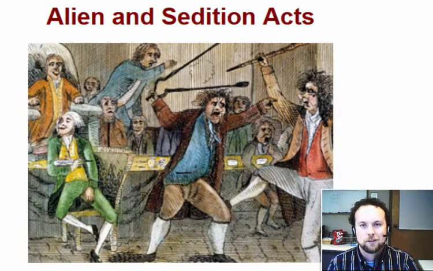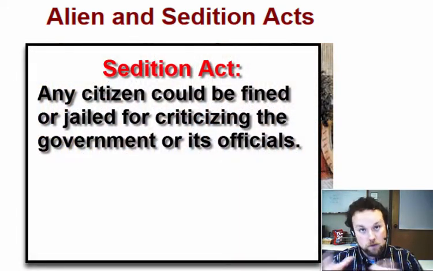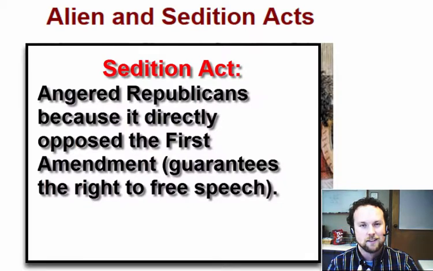Under the Sedition Act, any citizen could be fined or jailed if they criticized the government or government officials. This angered Republicans because it directly opposed the First Amendment, which guarantees the right to free speech.